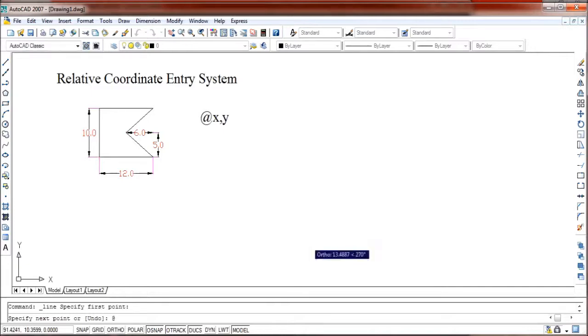So I will type @12,0, then enter. This means using relative, it shifts 12 distance towards x from this point, then 0 distance towards y, which gives me a horizontal line.